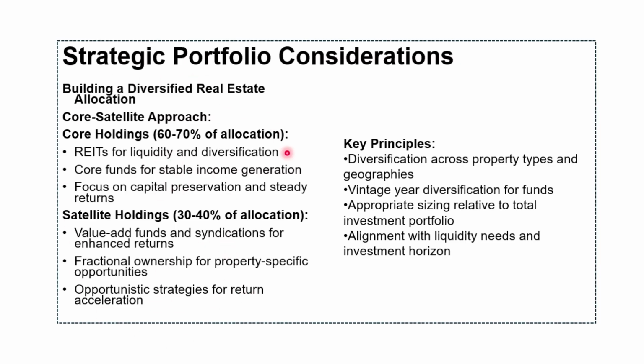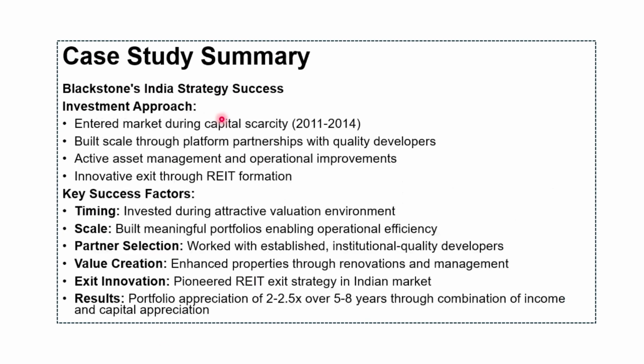So this kind of diversified real estate allocation can be one of the options. You can look for the funds which are doing this. So value add funds and syndication for this, fractional ownership for property-specific opportunities. Basically a combination of REITs, value add funds, fractional ownerships, and all this you can do and make a portfolio out of it.